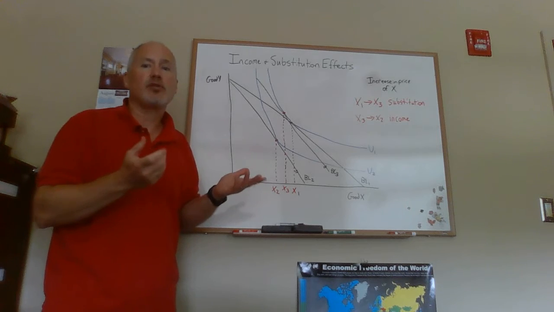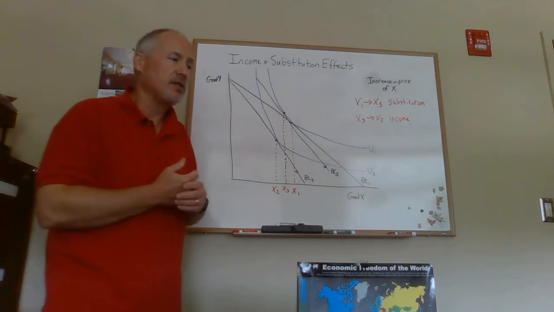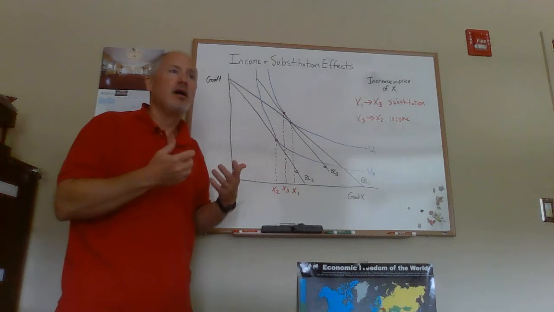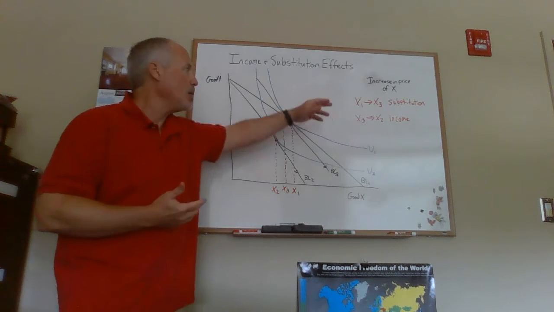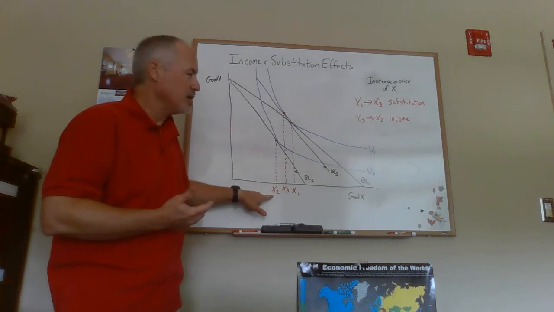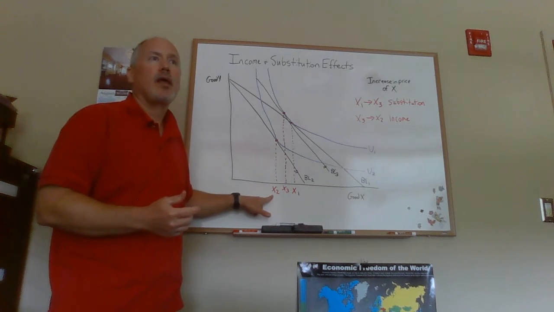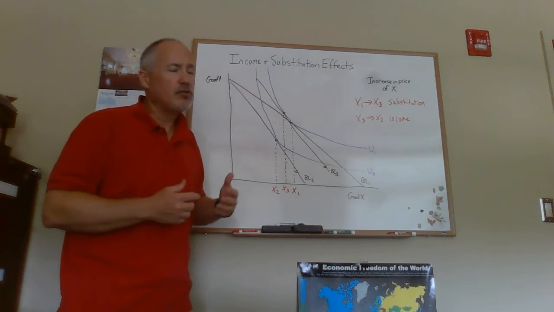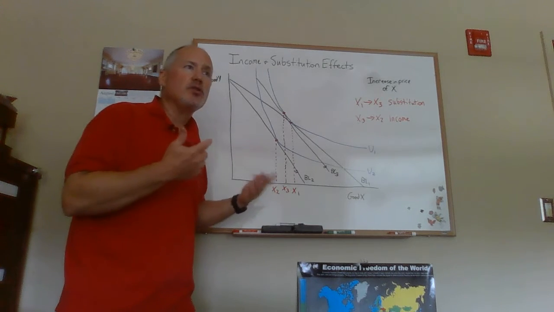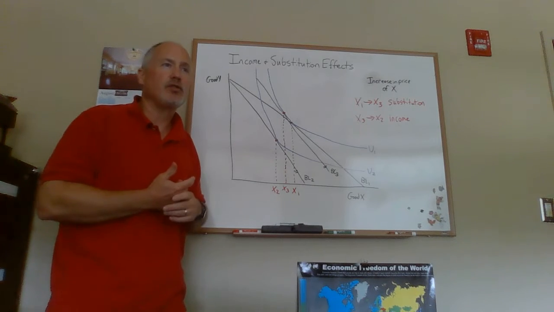We'd have a violation of the law of demand, because the law of demand would say that price and quantity demanded are inversely related. So when the price of X goes up, the quantity of X demanded goes down. But if you had an inferior good and the income effect was going in the opposite direction and it was big enough, you could actually see a violation of the law of demand.